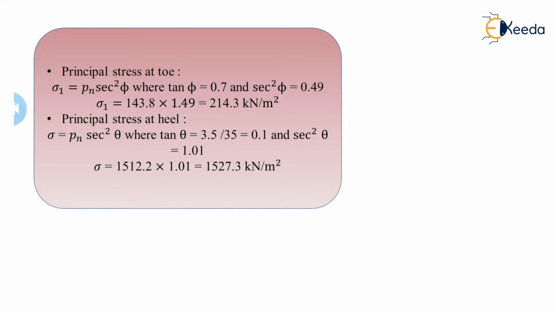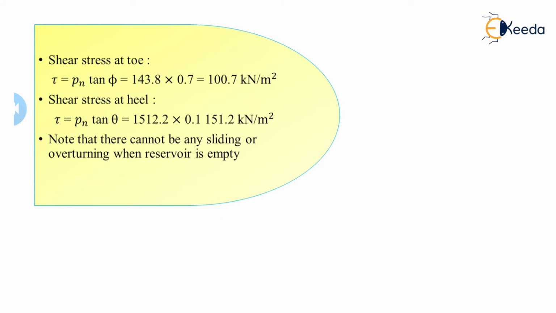Tan theta is the opposite to the adjacent, so the opposite is 3.5 meter divided by 35. We get the value as 0.1, and sec square theta is 1.01. Substituting the value of Pn at the heel and sec square theta, we get 1527.3 kilonewton per meter square. So this is the principal stress which occurs at the heel when the reservoir is in an empty condition.